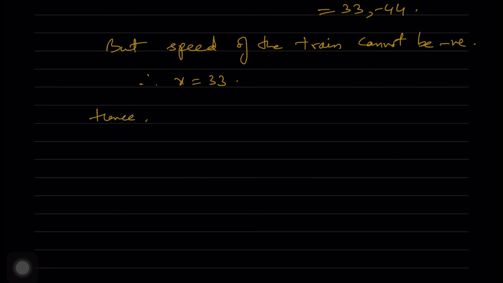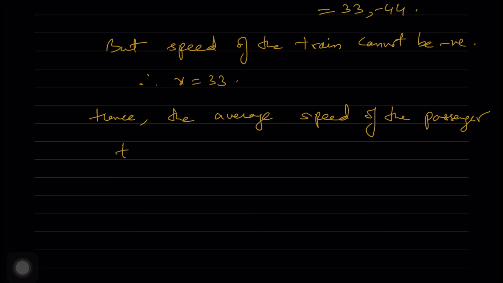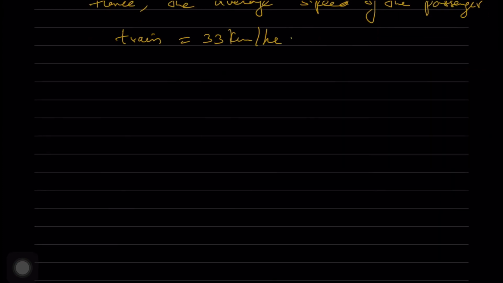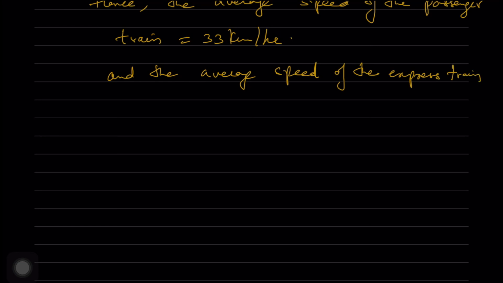Hence the average speed of the passenger train is equal to 33 kilometers per hour, and the average speed of the express train is equal to 33 plus 11, which is equal to 44 kilometers per hour.